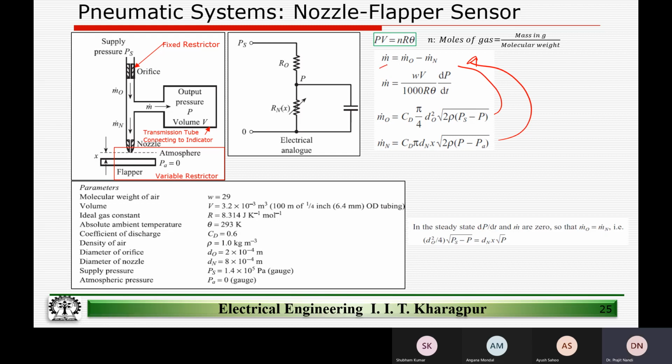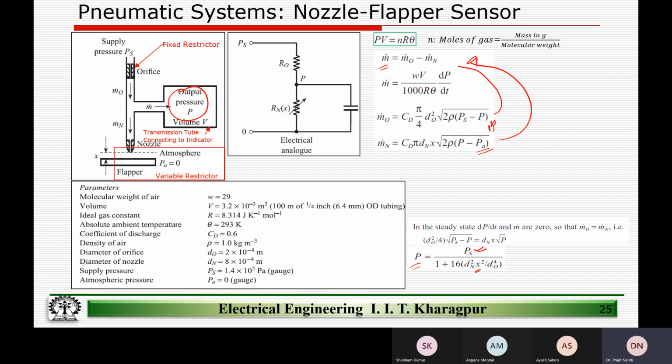in the steady state, of course, m dot will be 0, right? In the steady state, the change in mass in the vessel will be 0. And in that condition, if I equate these two, and because we are dealing with pressure measured in gauge, we can assume the atmospheric pressure to be 0. So these two equations can be equated, and then we end up getting an expression for the pressure P, which is the pressure in this volume, as a function of x.